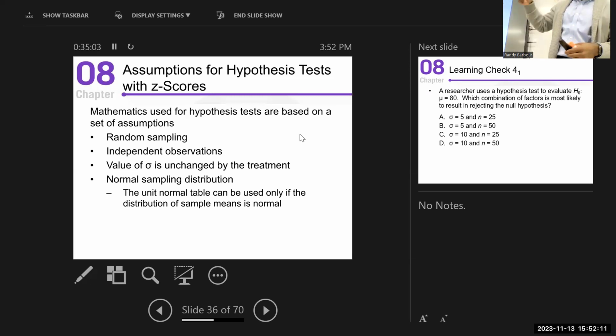That's the reason we're able to use the unit normal table, because our samples are coming from that normal sampling distribution. These four different assumptions must be met before we can run a hypothesis test, especially with these.